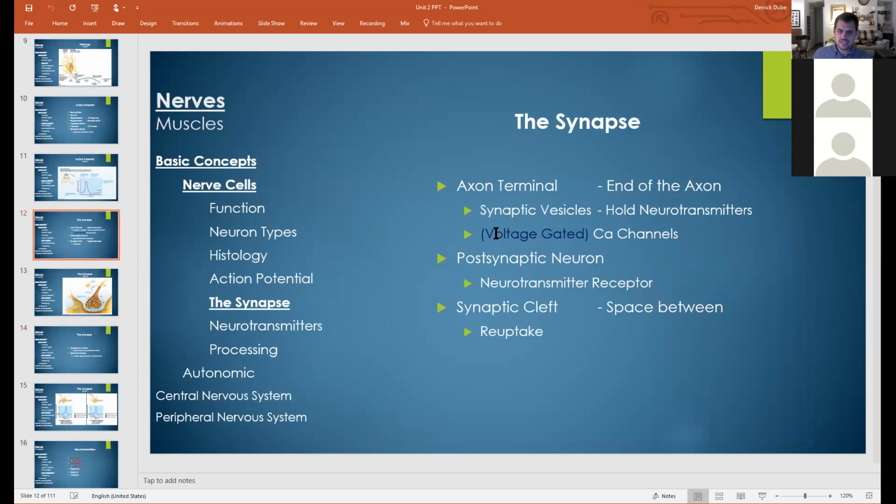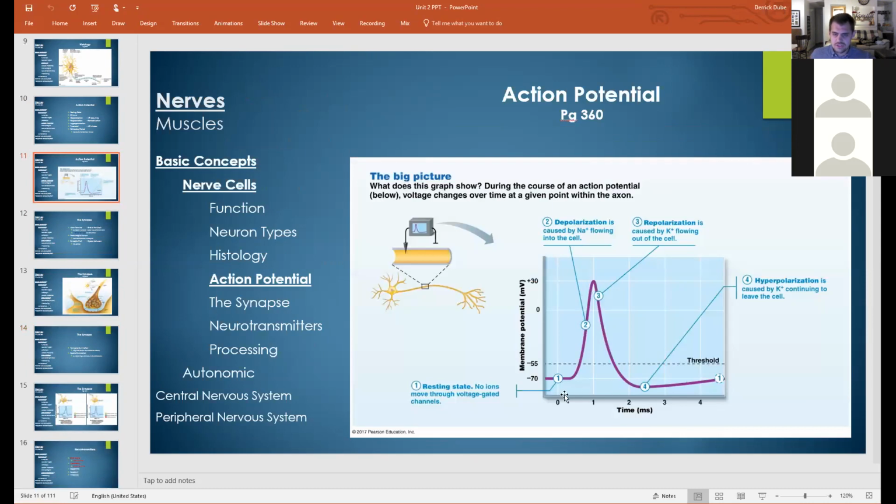When you have this action potential here, obviously you're going to have lots of tiny stimuli going, but it's not going to reach that threshold to start an action potential. And so sometimes what will happen is you'll have lots of really fast ones going in quick succession, and that's not going to give time for it to return back to normal, okay?